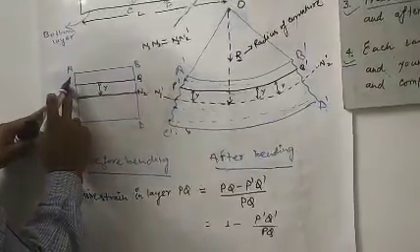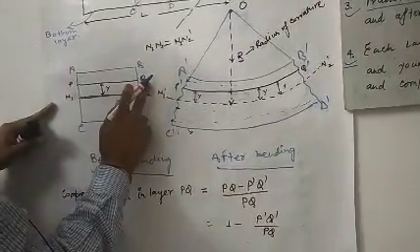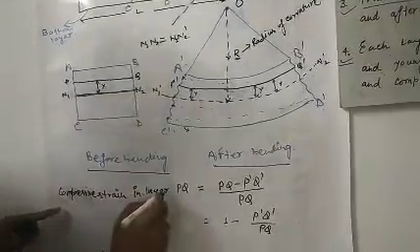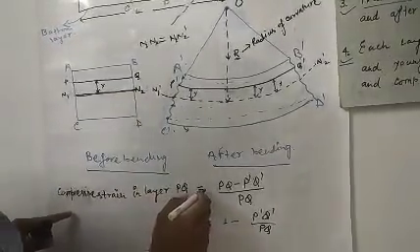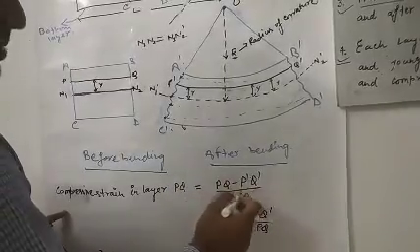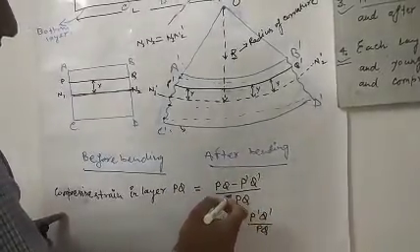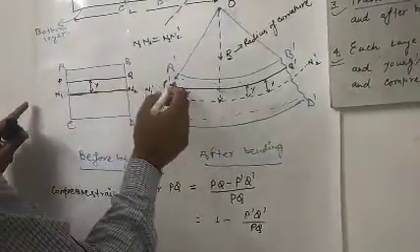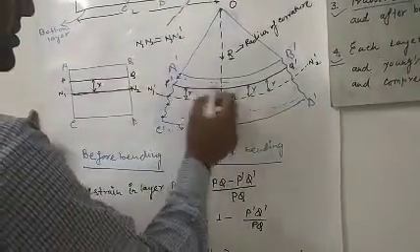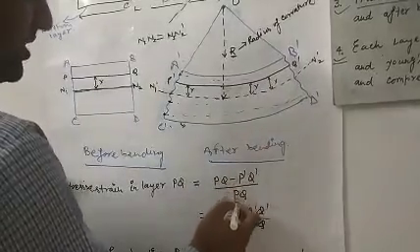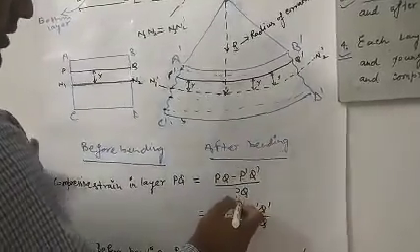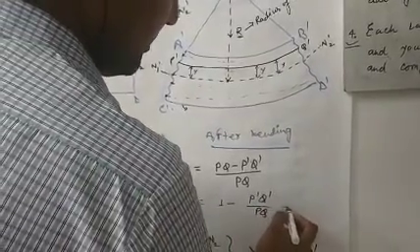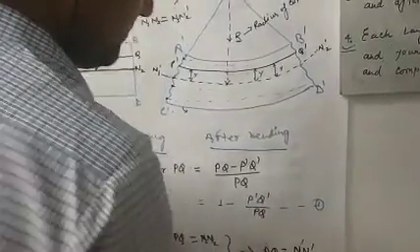Compressive strain in layer PQ, because PQ is in the compression side, equals change in dimension upon original dimension. That is the formula for normal strain. So the initial dimension is PQ, the final dimension is P dash Q dash. So it is PQ minus P dash Q dash upon PQ. Further simplified, say this is equation number 1.